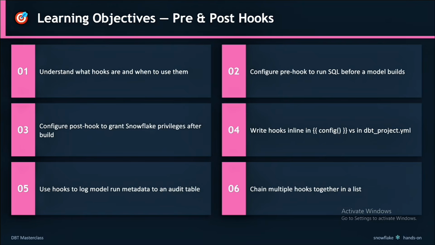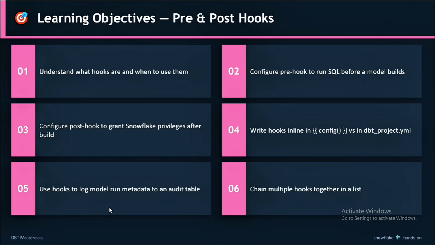Third, configure a post-hook to run SQL after a model builds, granting Snowflake privileges and logging to audit tables. Objective 4, write hooks inline in a model config block or globally in dbt_project.yml, and understand when to use each approach.